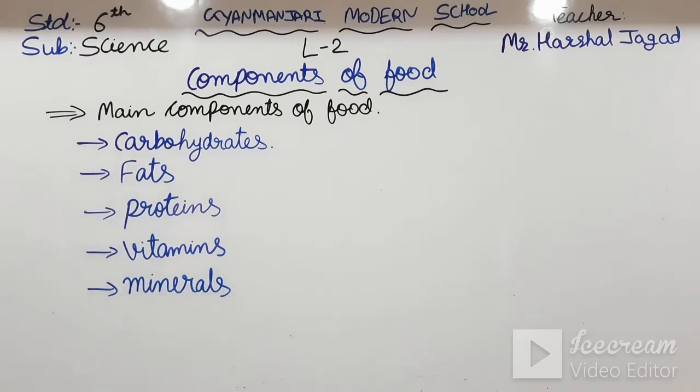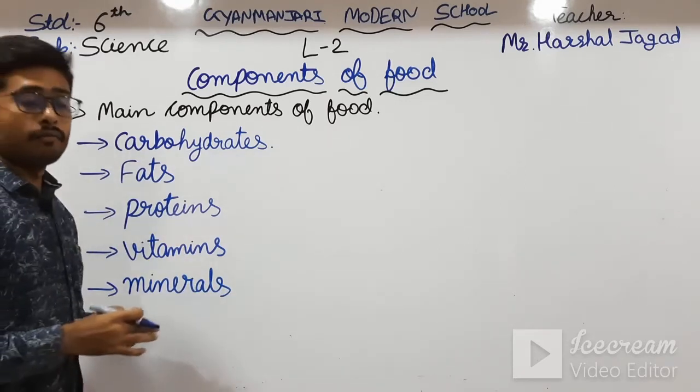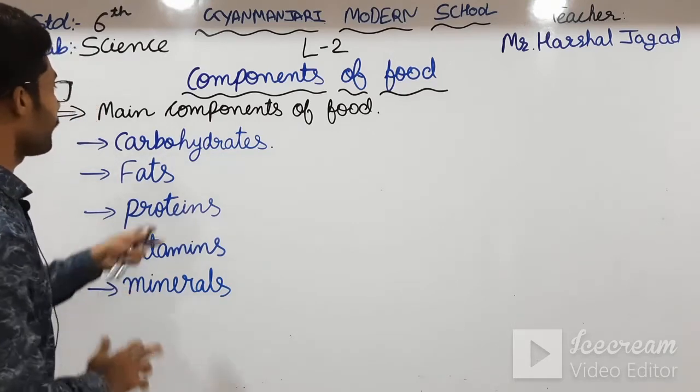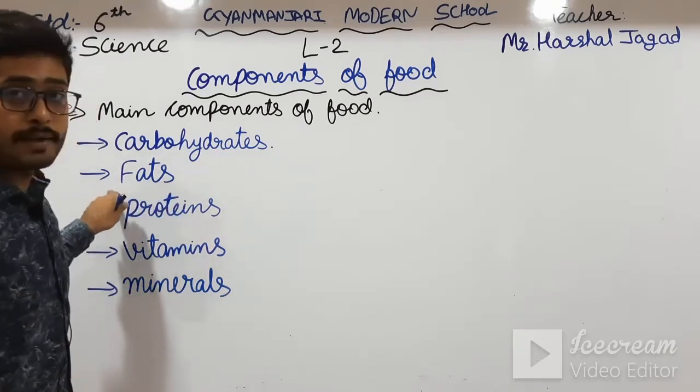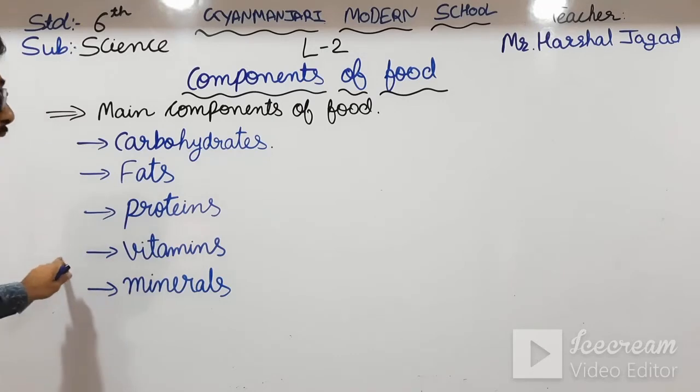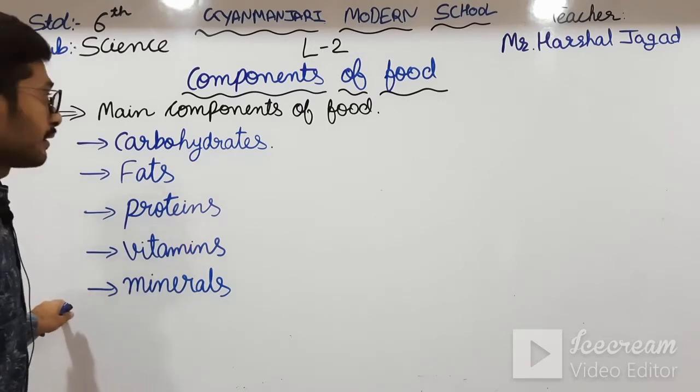So students, these are the main 5 types of the components of the food. Which are they? Carbohydrates, fats, proteins, vitamins, and minerals.